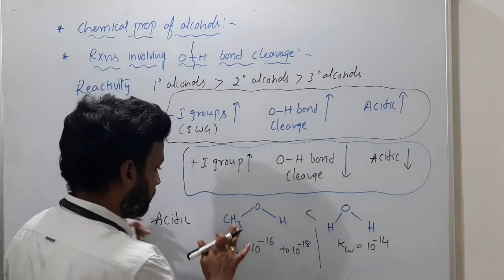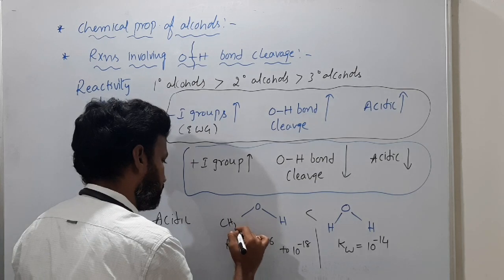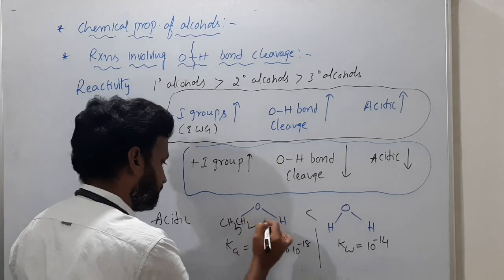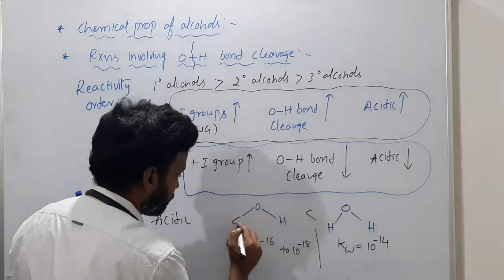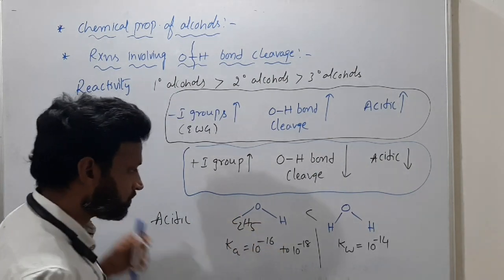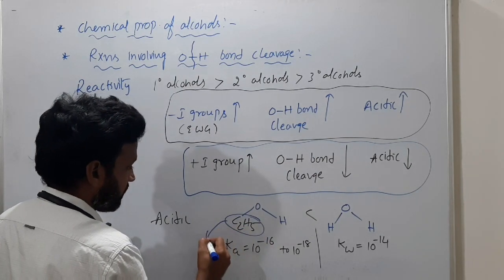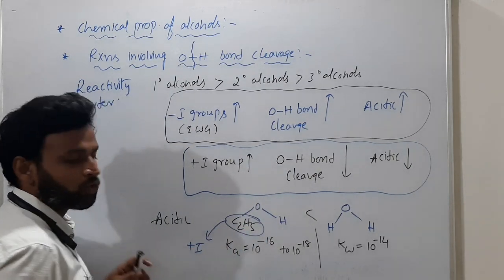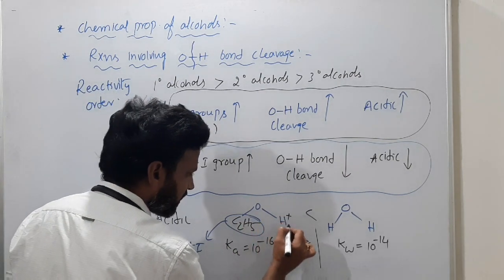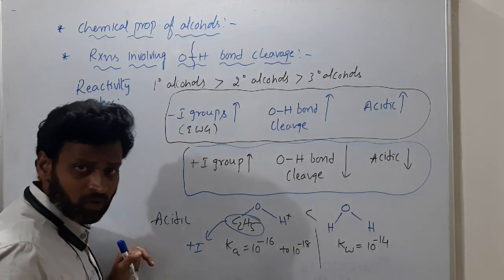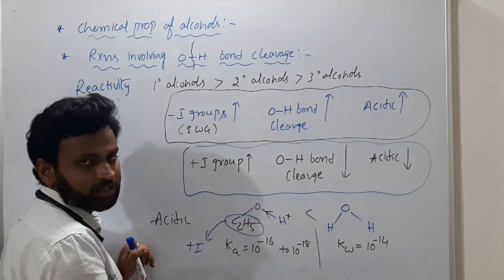Than alcohol. Even if you take ethanol, or simply C2H5, what happens here? This C2H5 alkyl group is a plus I group. Certainly this is donating. So for hydrogen to come out as H plus, this bond must come towards oxygen.